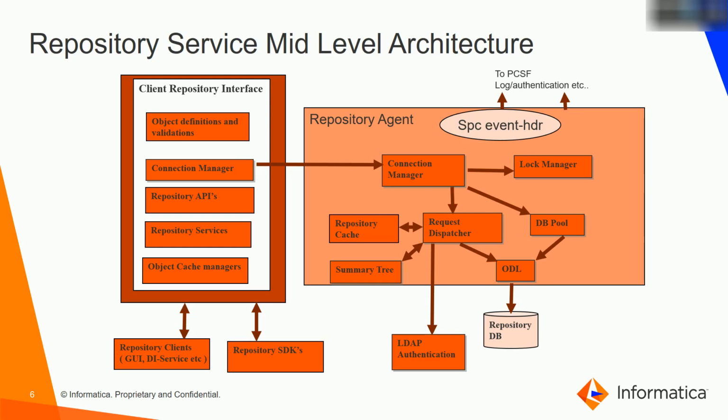With the help of these APIs, repository clients can talk to the repository agent. Some of these repository client library APIs are available in Java as well. These APIs are based on the request and reply mode. Repository code has a template for writing APIs as well.